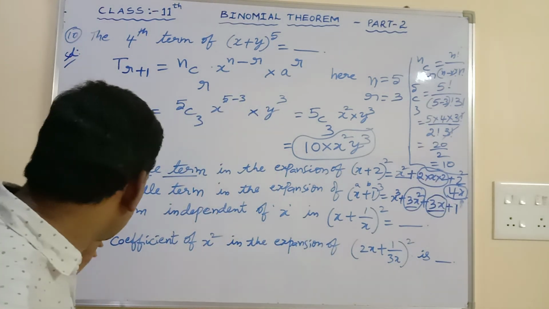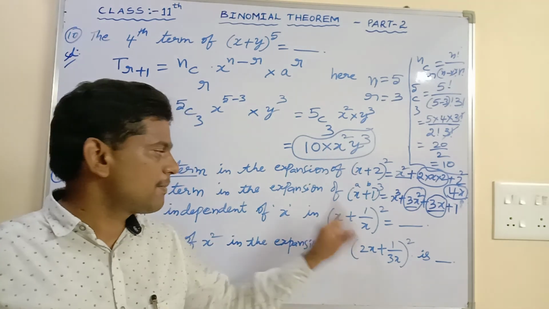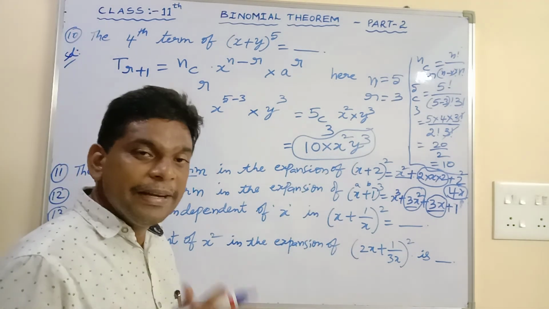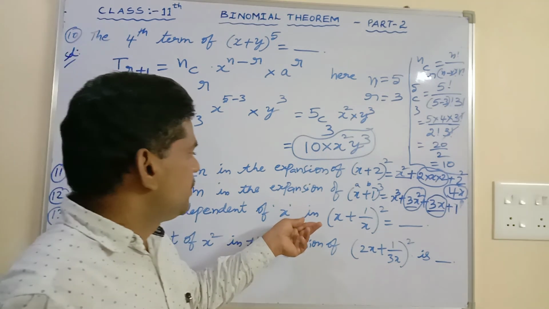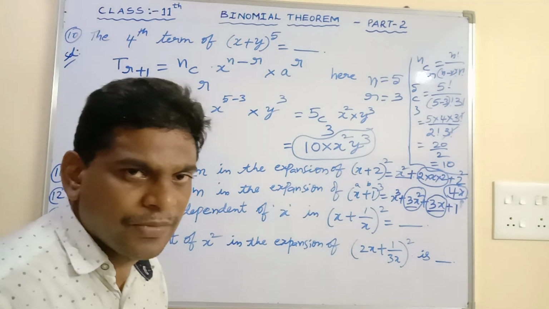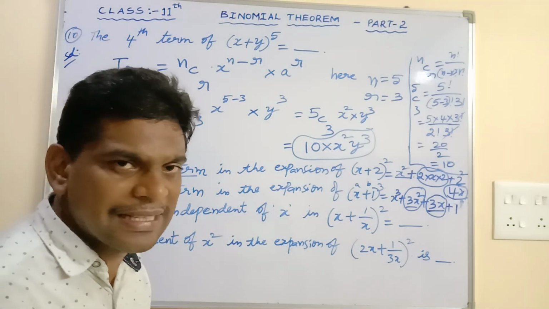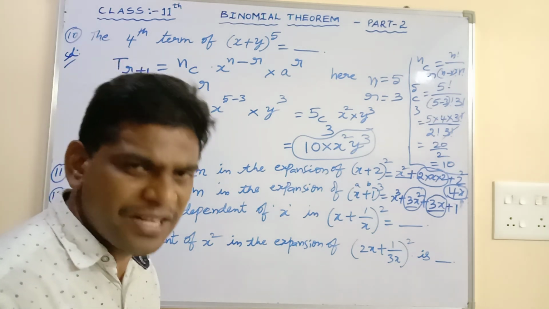Next, 13th question. The term independent of x in (x plus 1 by x) whole square. Independent term means the term without having x. Which term doesn't have x? That is called the independent term. It's nothing but a constant.